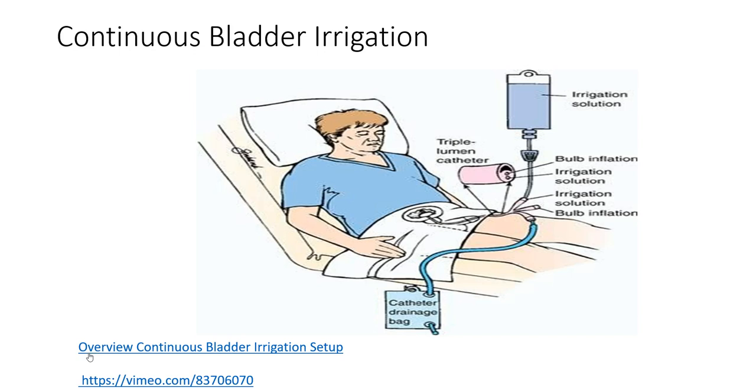Because what happens is that the body starts to absorb this fluid. Okay? And with the absorption of that fluid, that person will develop fluid volume excess. So the person will have hyponatremia, too much fluid.